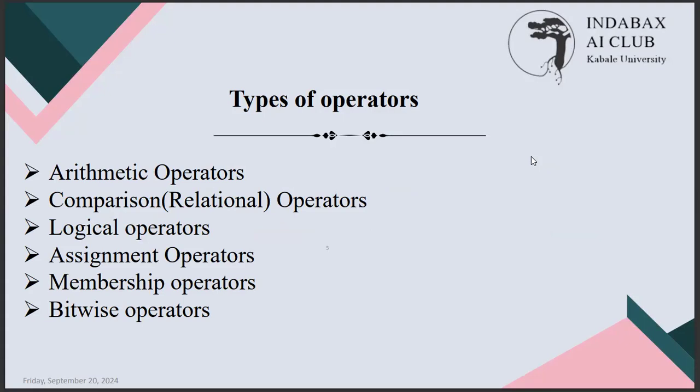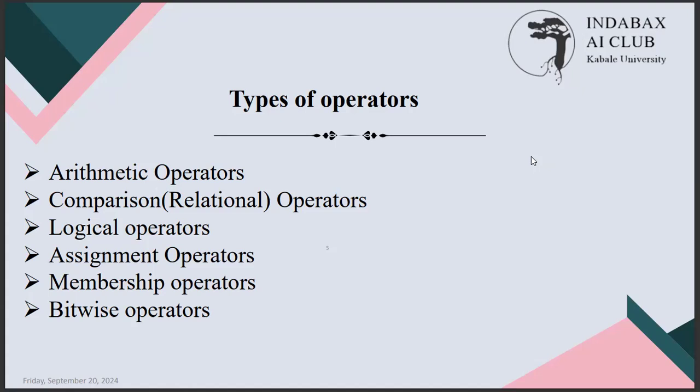Now there are several types of operators used in Python and programming in general. We have what we call assignment operators. For example, the equal sign is an assignment operator. We use it to assign a value to a variable. There are other types of assignment operators, and we shall be seeing them as we move forward with our series.